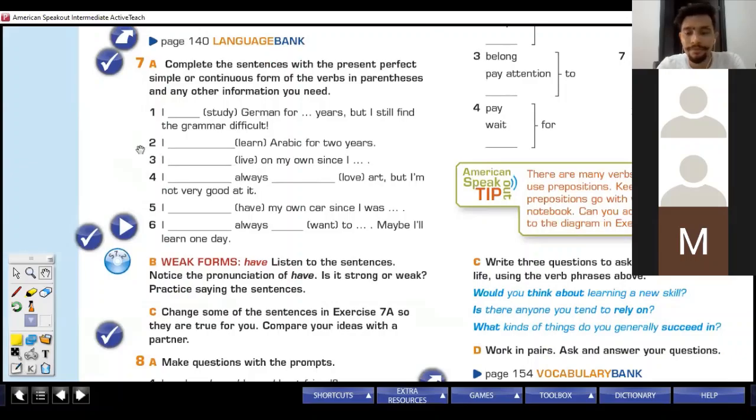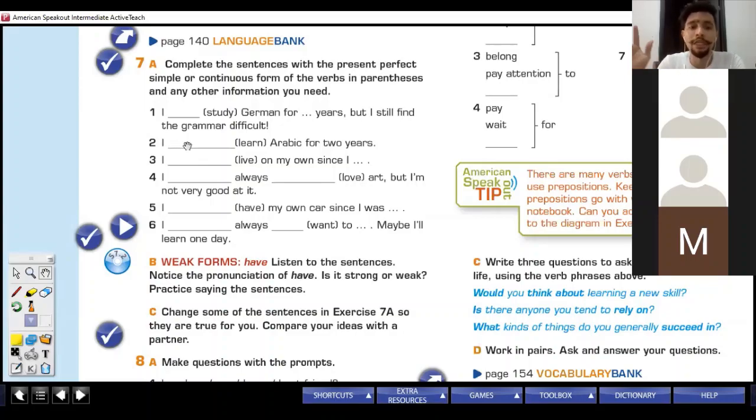I have learned Arabic for 2 years. Okay, possible, why not? But if the action is still happening now, then you have to say, I have been learning. So I guess here you can use both, but it depends more on the context.